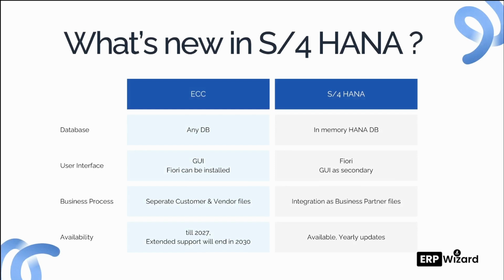And because of this, the new database has enhanced data processing speeds. It features quick search capabilities, and it also helps in the enhanced analytics that S4HANA has to offer. Now all of these are a significant upgrade compared to the older ECC system.